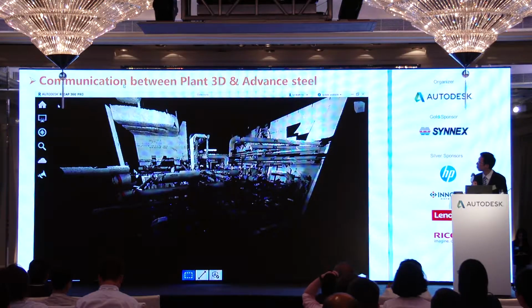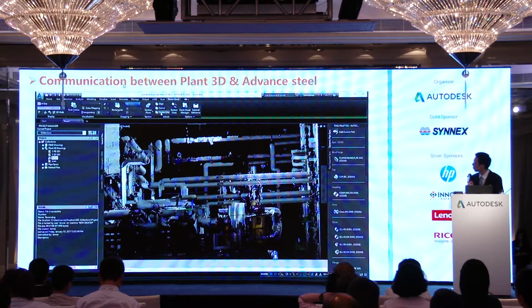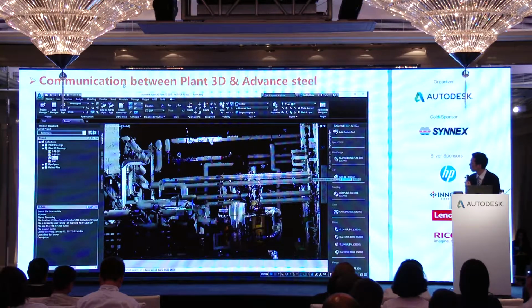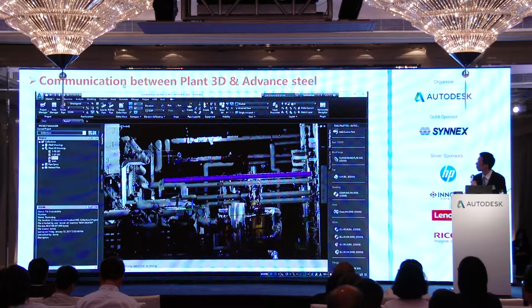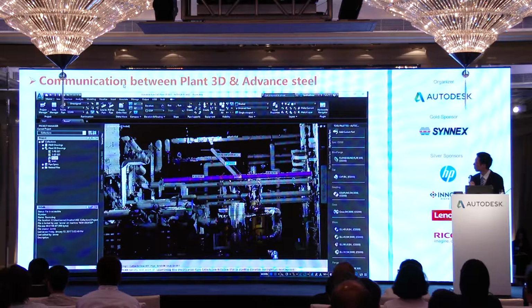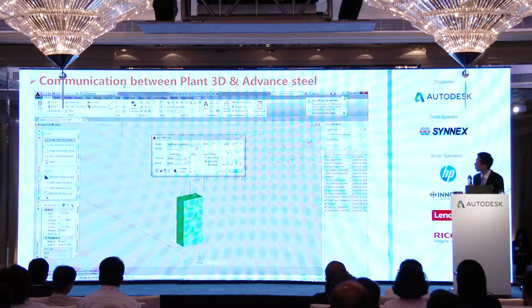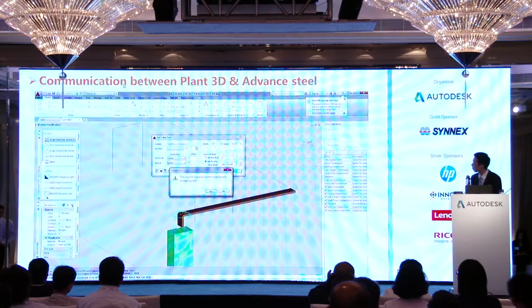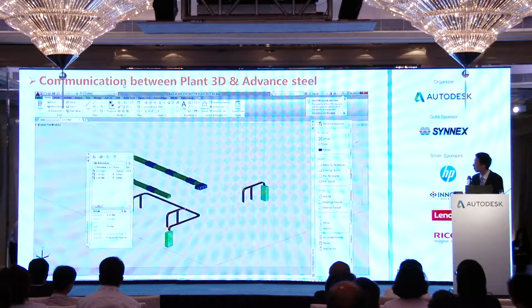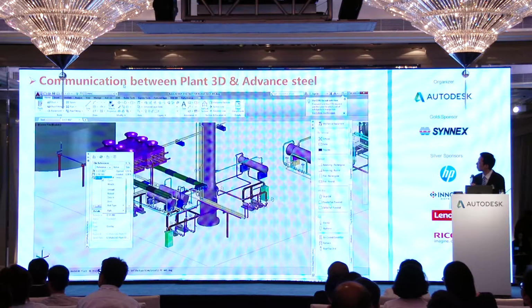For designers performing retrofit design on existing plant facilities, ReCap 360 allows engineers to bring point clouds into the Plant 3D model, allowing fast and accurate remodeling of plant facilities. For the design and layout of ductwork and cable trays, AutoCAD MEP integrates directly with the Plant 3D model.